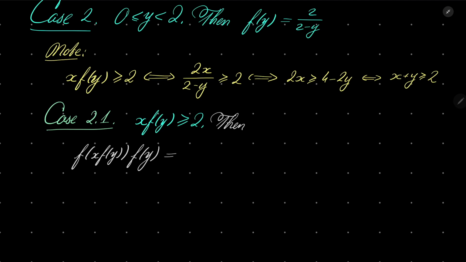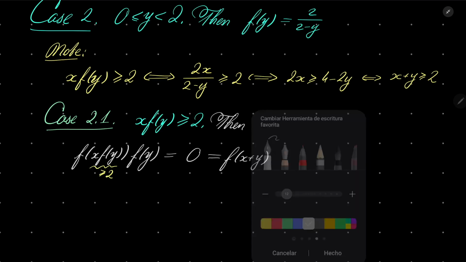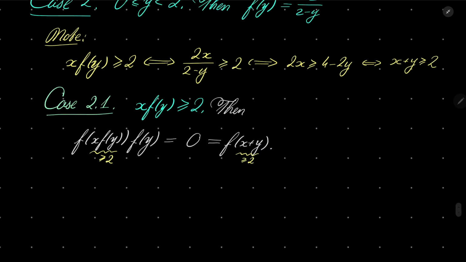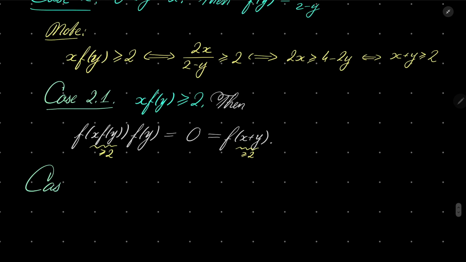It's f of something greater than or equal to 2, it's just 0, because we know that this argument is greater than or equal to 2. But also notice that 0 is also f of x plus y, because by our chain of equivalences, this is also greater than or equal to 2. So no problem there.